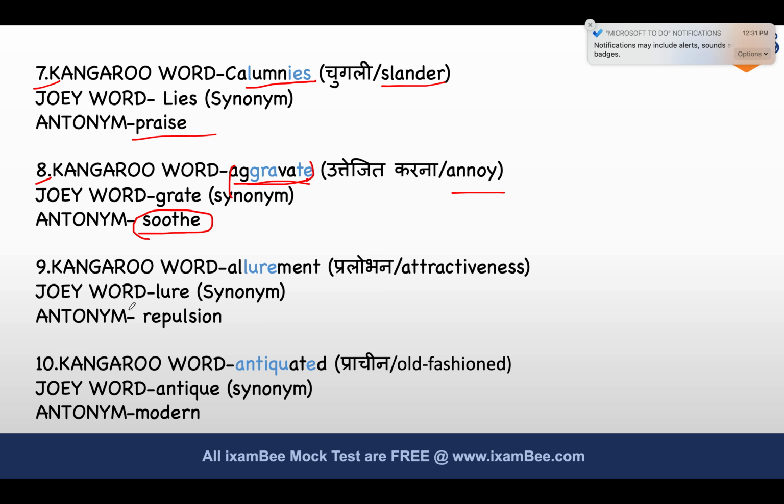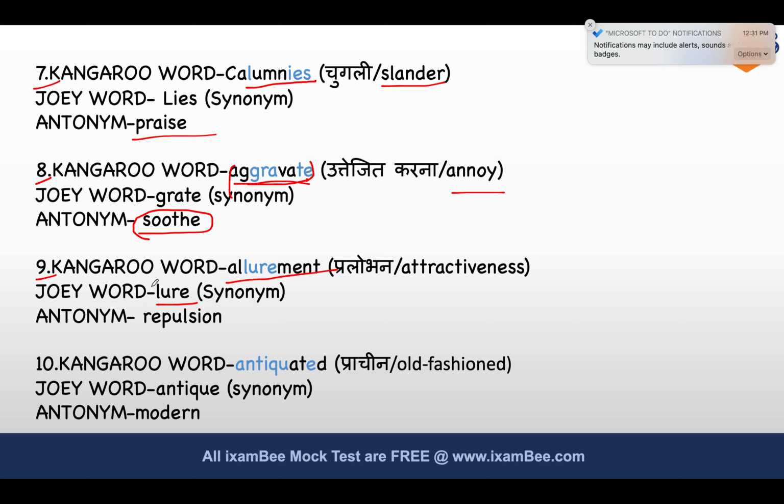Let's take a look at the next word, allurement, right? Now the word allurement means attractiveness. It means to attract someone, to tempt someone, right? Obviously, it's a kangaroo word. Let's look for the synonym. The synonym is lure, which also means to attract and tempt someone.